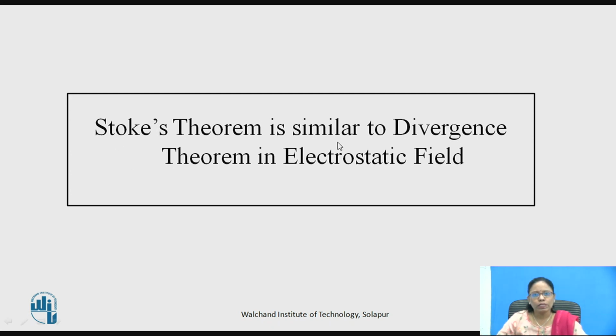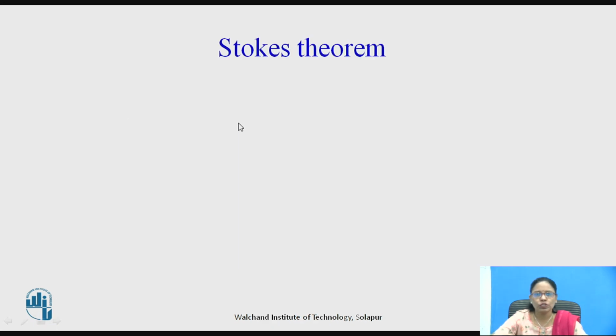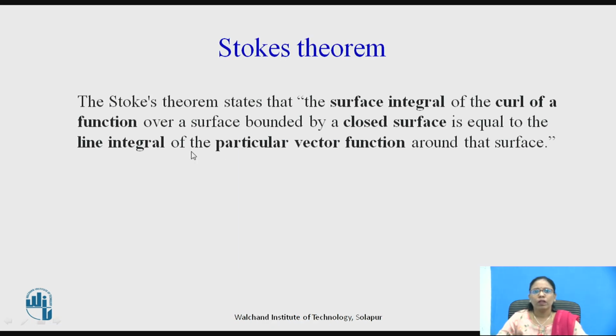Stokes theorem is very similar to the divergence theorem. The divergence theorem is in the electrostatic field, whereas the Stokes theorem is in the magnetostatic field. Let us look at what the Stokes theorem is. It states that the surface integral of the curl of a function over a surface bounded by a closed path is equal to the line integral of that vector function around that path.